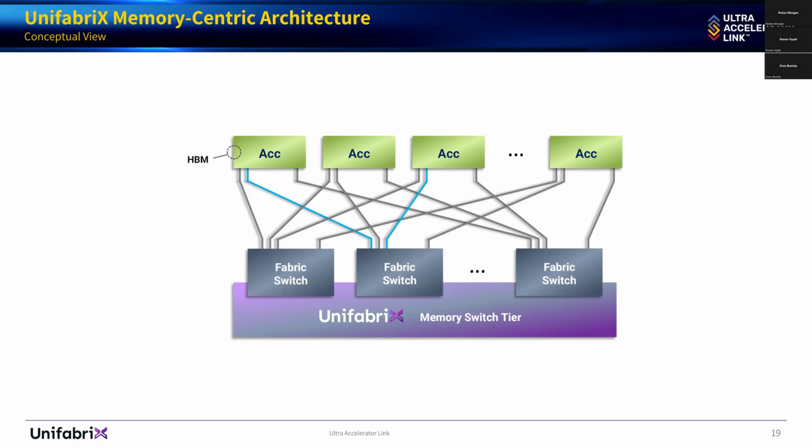You can look at it as a UALink memory pool or a UALink memory expander. It's native UALink, and it's available to all accelerators. It looks symmetric, regardless of which accelerator you're using to access it.